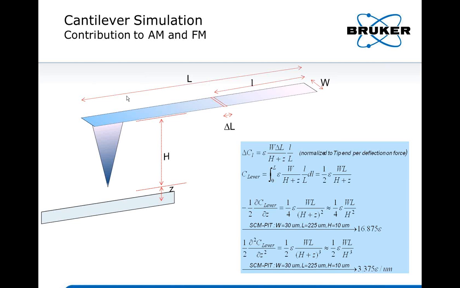So first, let's take a look at how much the lever will contribute. Again, we check that by how much capacitance it contributes to the whole thing. For the cantilever, let's say it's a stack of different rectangles, and the capacitance is given by this. Remember, whether the force acts on the middle of the lever or on the very end of the lever, it will cause different deflections, so we factor that in as well.